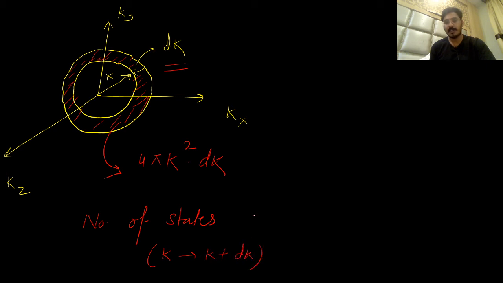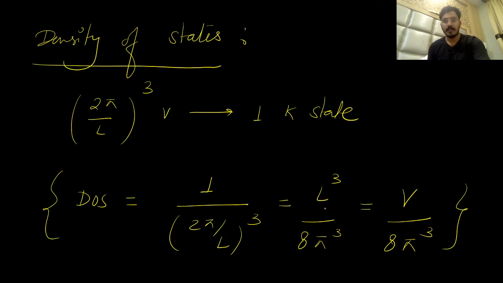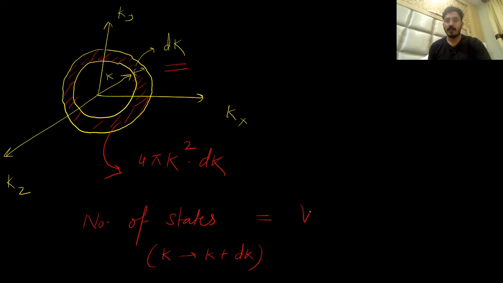We know the density, V over 8 pi cube, and we know the volume. Per unit volume this number of states is available, so in volume 4 pi k square dk, the number of states can be written as V k square over 2 pi square dk.